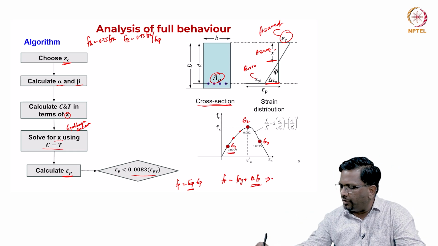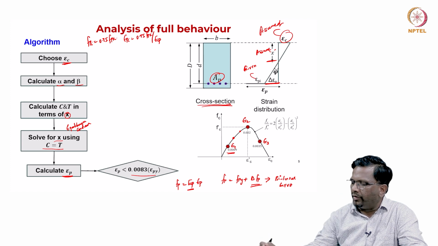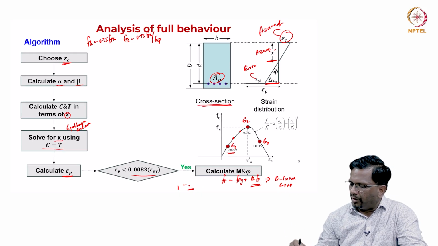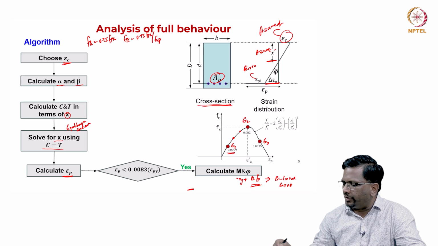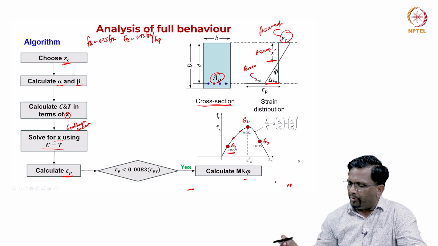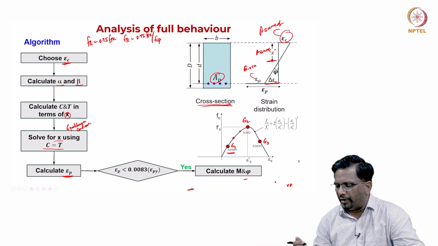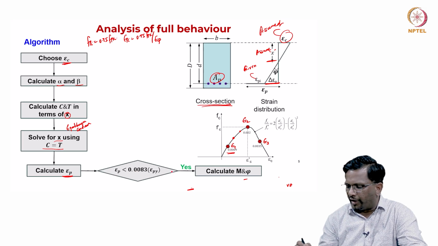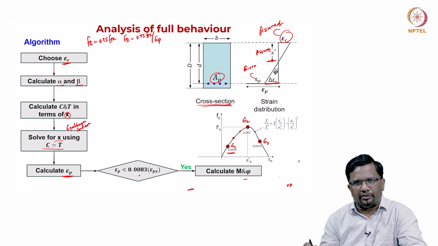So, this is using the bilinear curve from IRC. If it is less than yield, then I can quickly calculate my moment curvature. If it is not, then equilibrium has to be satisfied again, so you have to check.